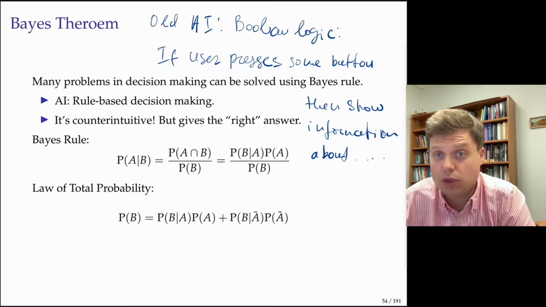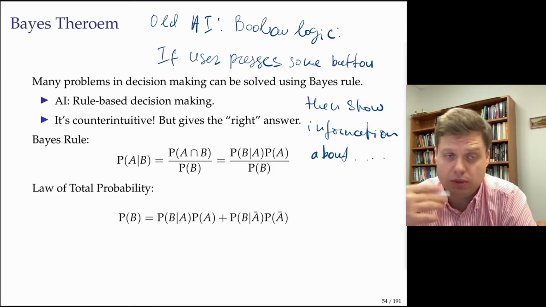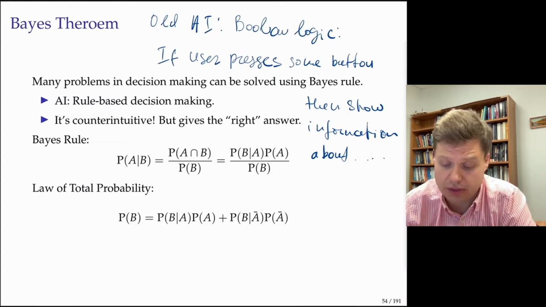So it was hard-coded rules, and human and machine would interact using those hard-coded rules.